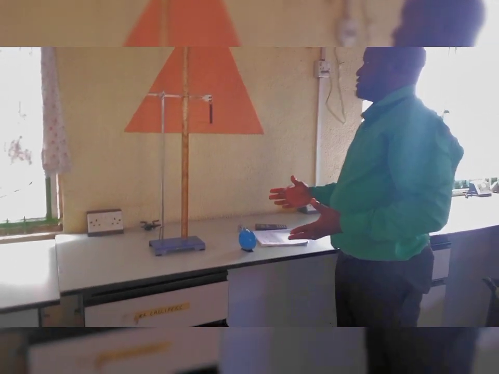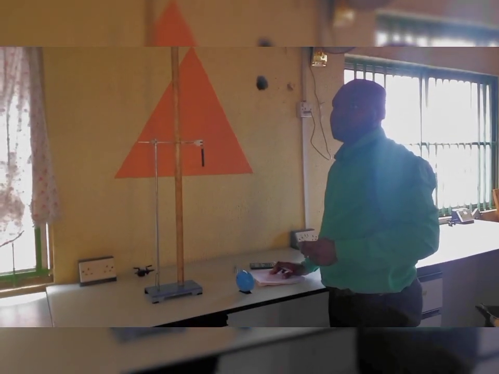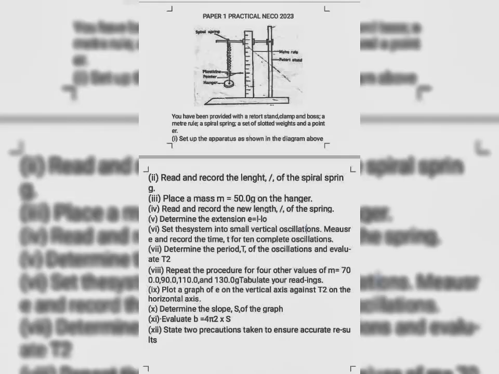I was told to plot the graph of e on the vertical axis against T squared on the horizontal axis, determine the slope s of the graph and evaluate for k. So in my next, as you can see, this is the table of my values for this NECO 2023 prediction question.